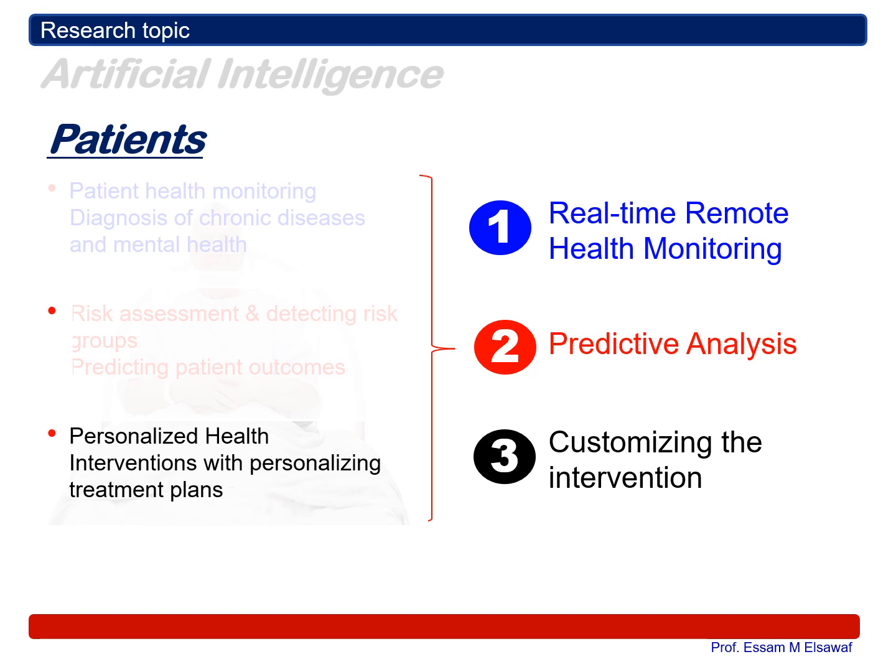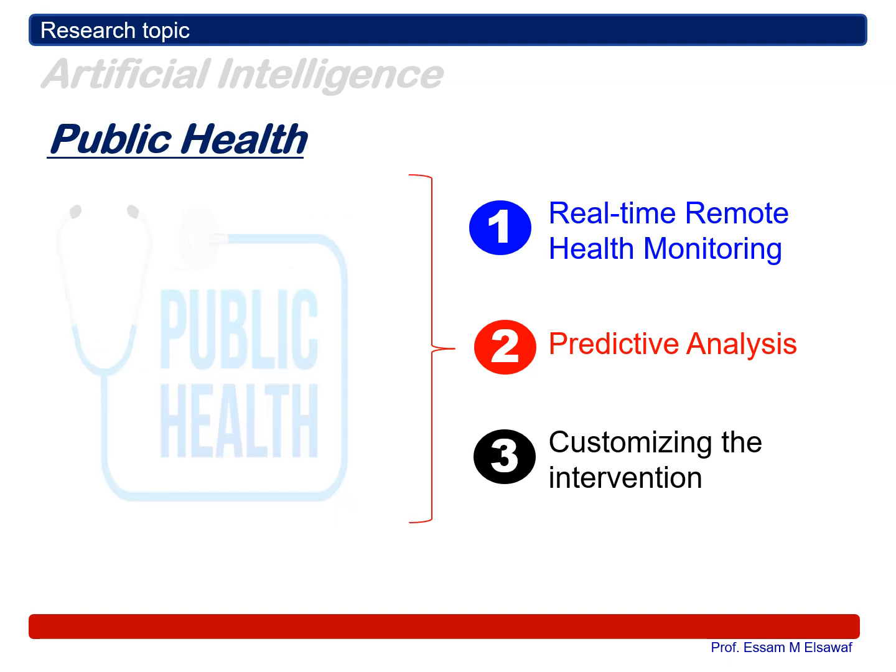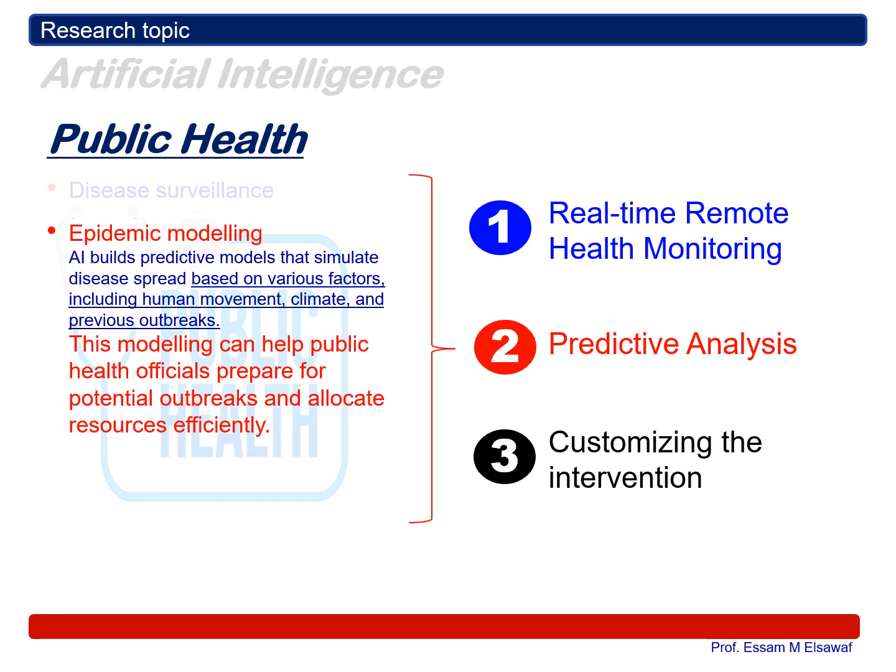Second, in public health, same theory. Disease surveillance. In predictive analysis, it's doing a marvelous work here. AI can build predictive models that simulate disease spread based on what? Based on various factors, including human movement, who is traveling here and there, who is coming, who is leaving, what is the climate condition?